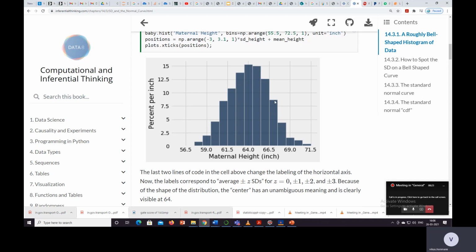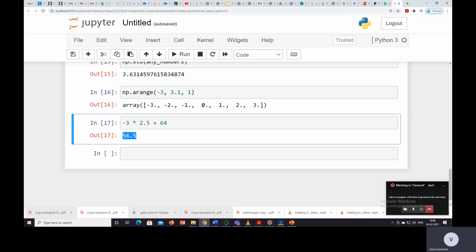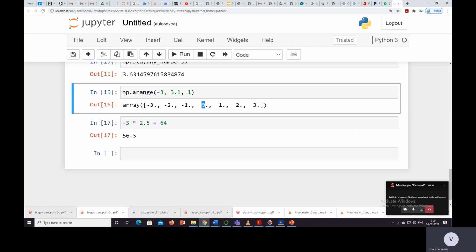When we get 64, when we have the 0 in that list, that means 0 is the mean 64, and minus 1 is the left hand side of the mean, and plus 1 is the right hand side of the mean.